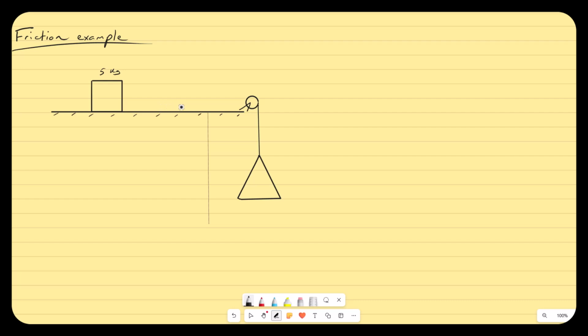We'll put over here a coefficient of static friction of 0.8, kinetic friction of 0.2, and we'll make this thing 4 kilograms.